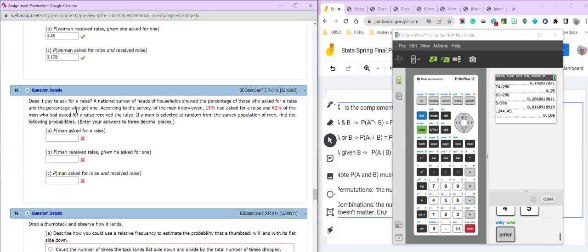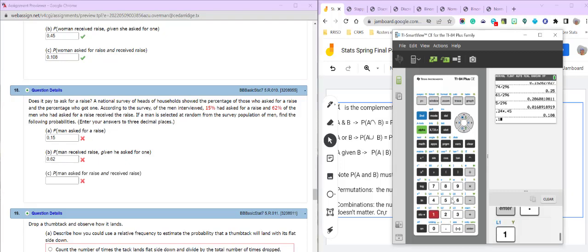Okay, same thing. Does it pay to ask for a raise? According to the survey, of men interviewed, 15% had asked for a raise, and 62% of those who asked for it received it. Same exact question, right? So probability a man asked for a raise is 0.15. The probability is 0.62 that he received it if he asked for it. Doesn't seem fair. And then this one is exactly the same situation.